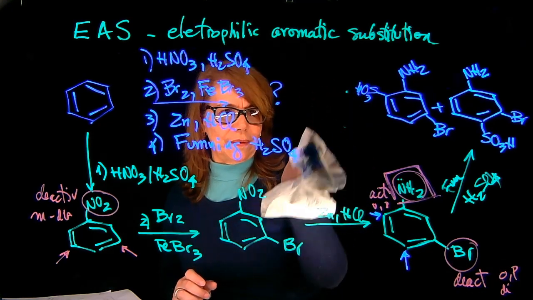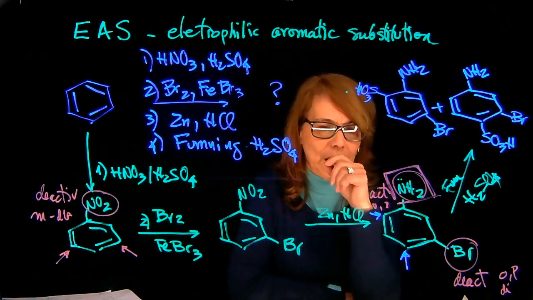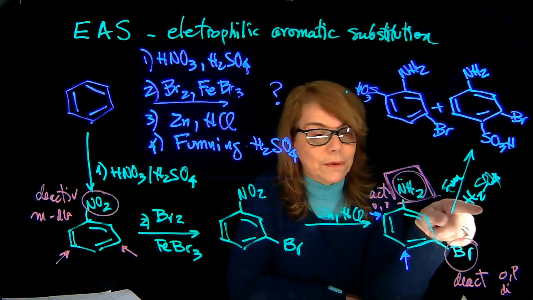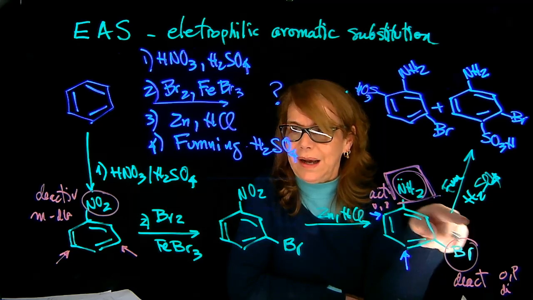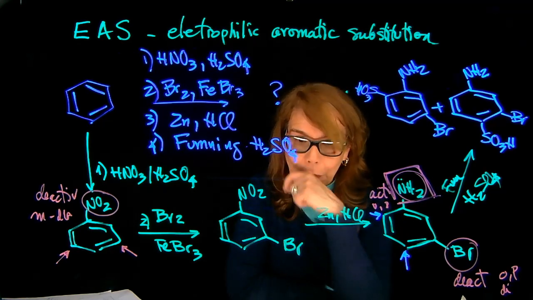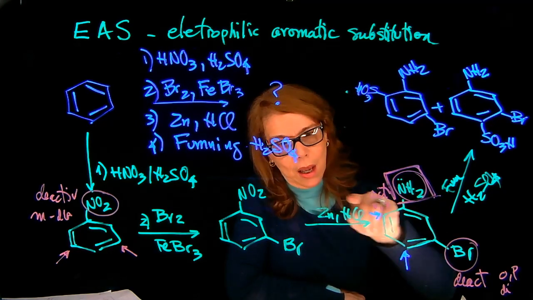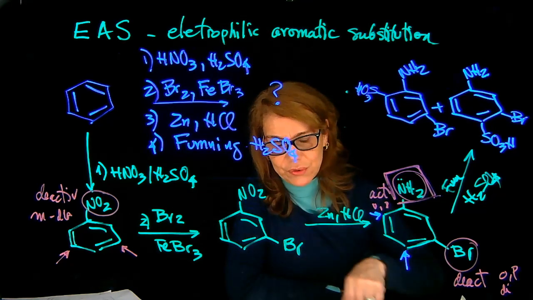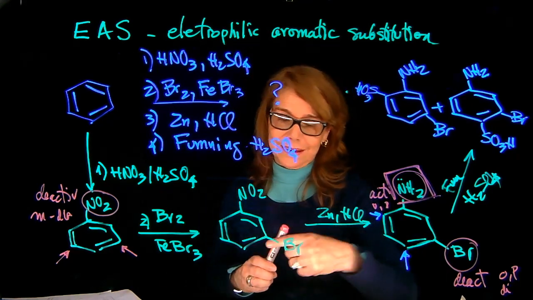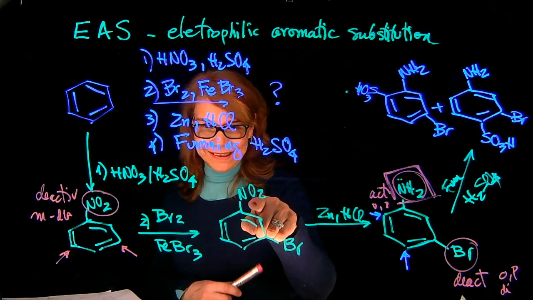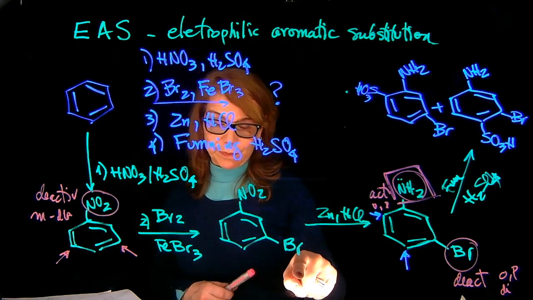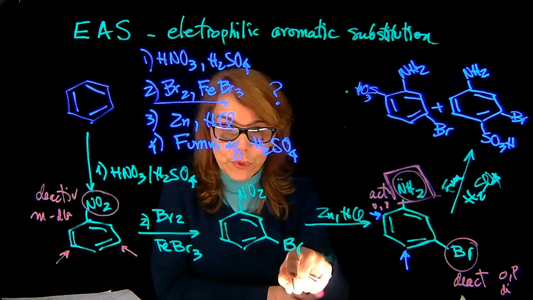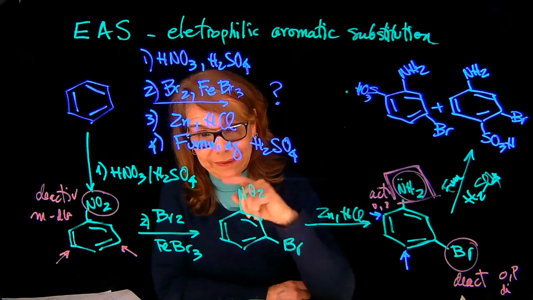I'm going to have to erase these arrows because I said I'm going to put it pointing somewhere else. What if I, instead of doing the sulfonation at this step, I decide to do it over here? What would happen if I don't reduce the nitro to an amino group? So analyzing this, I have deactivating groups, but bromine is a weaker deactivator than this is.